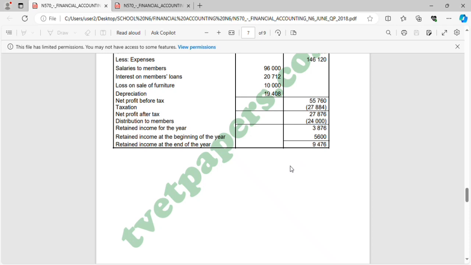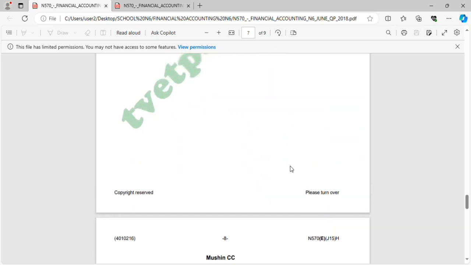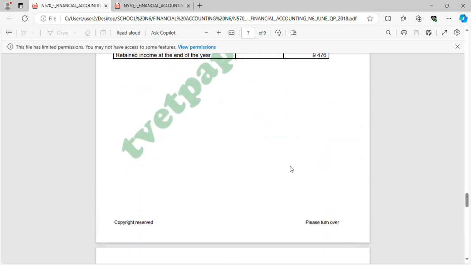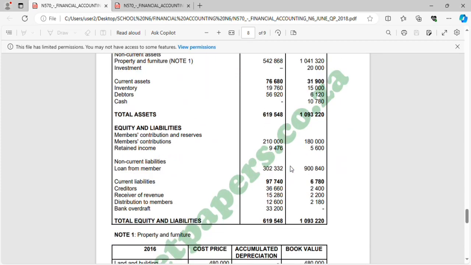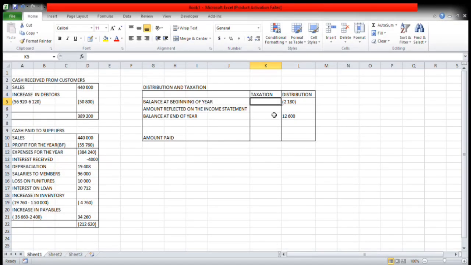So 27,884 and 24,000, and the balance at the beginning was 2,200 and the balance at the end 15,280. So the balance at the beginning for taxation paid is 2,200, so inside the brackets. And for the distribution, the amount is 24,000, so inside the brackets.